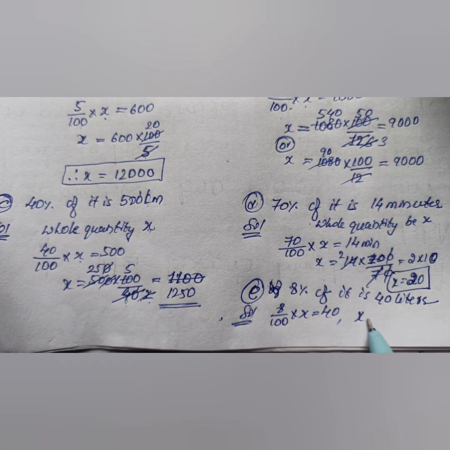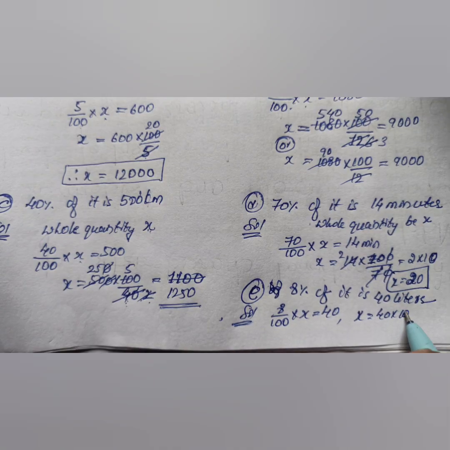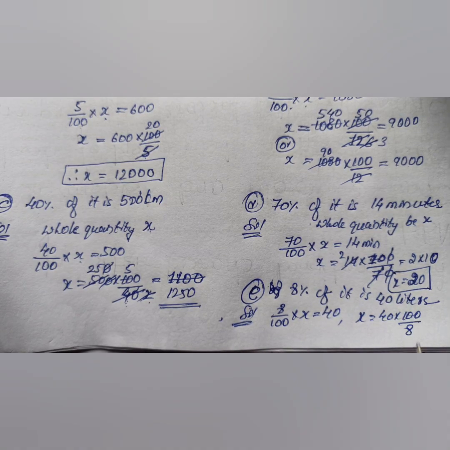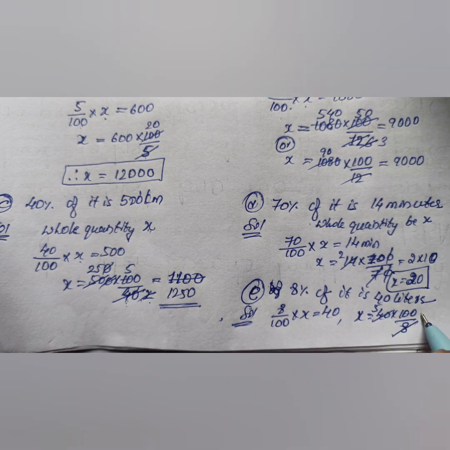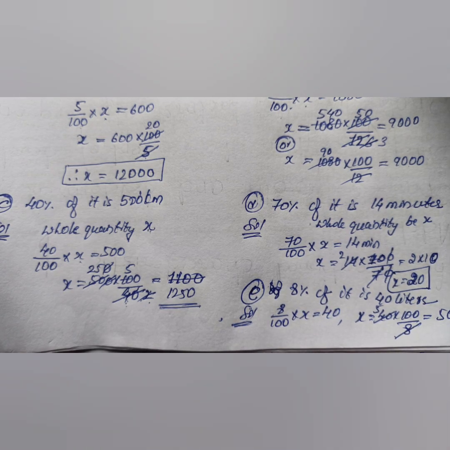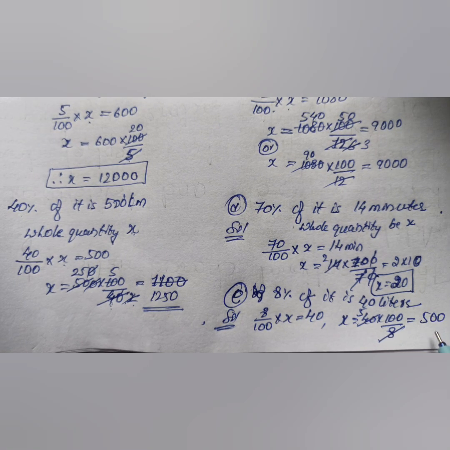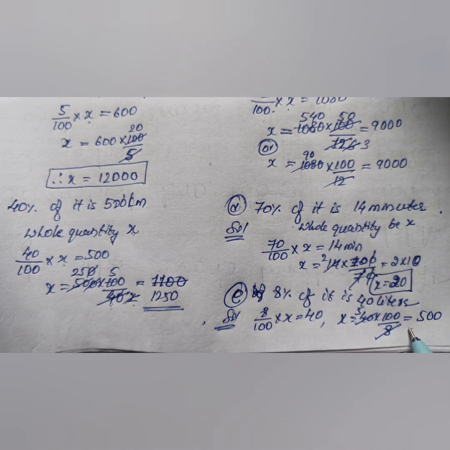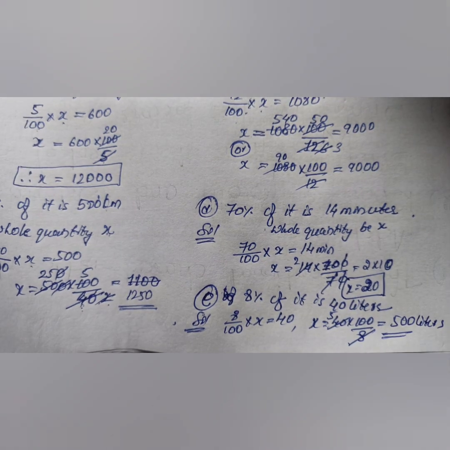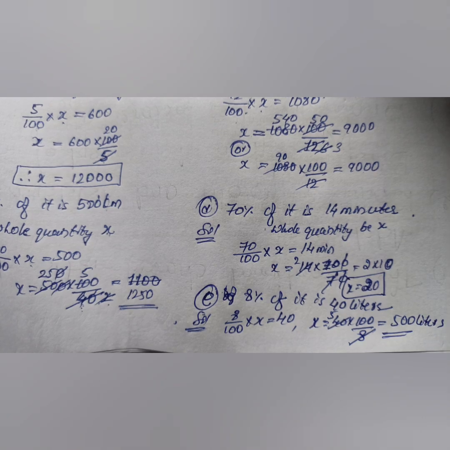Now we need to calculate x is equal to 40 into 100 divided by 8. 8 on the 8, 5 is 40. Therefore 5 into 100 is 500. So the answer is 500 liters. This ends question number 5.